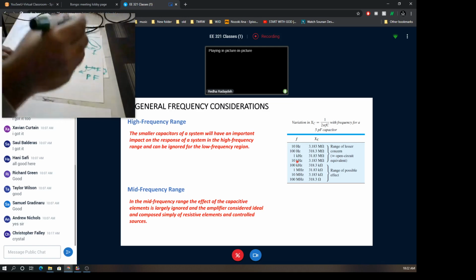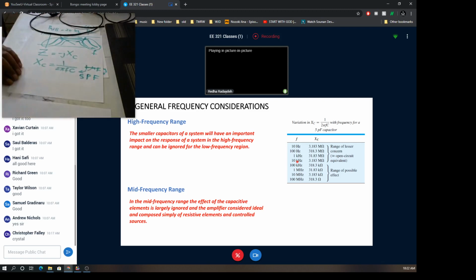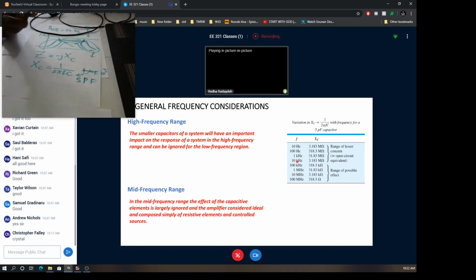The example given in the table is for a capacitor whose value is 5 picofarad. The objective now is to evaluate the reactance of the capacitor, or the impedance, at different frequencies to see how these impedances change with frequency.